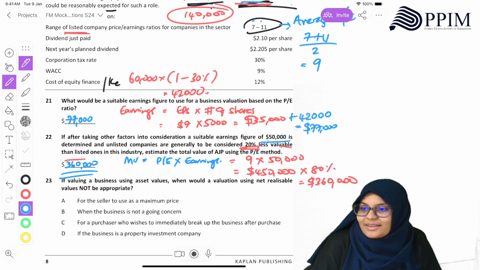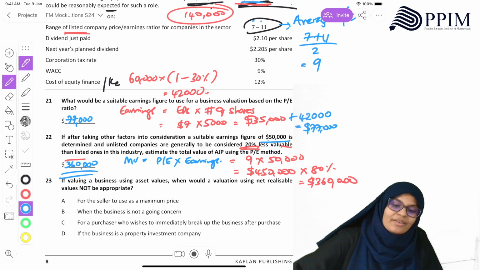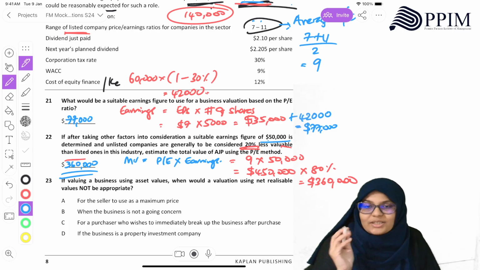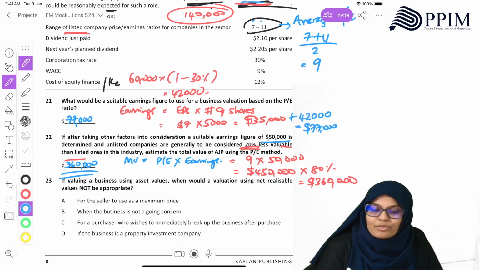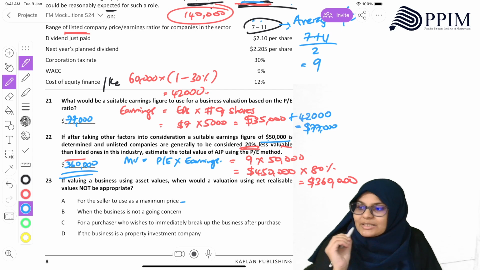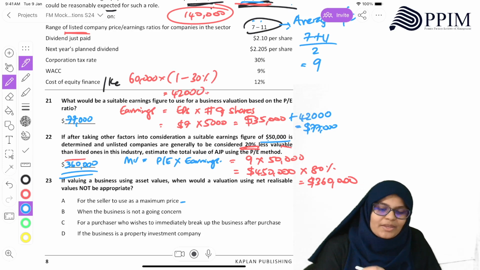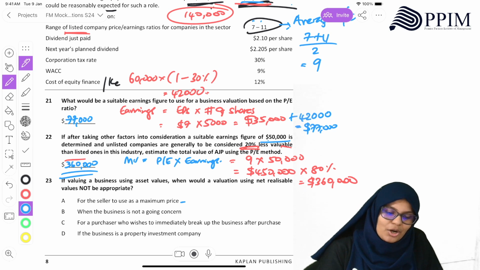The moment you see that, you should know that is wrong, because if you are using NRV to value, that is going to give you the minimum price, how much you can actually sell your assets for. So that won't give you the maximum price. Maximum price is actually replacement cost, how much it will cost to set up a similar business from scratch. So definitely A is not appropriate.